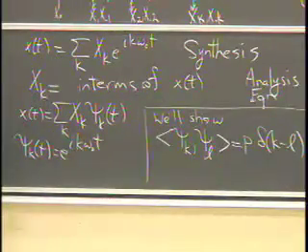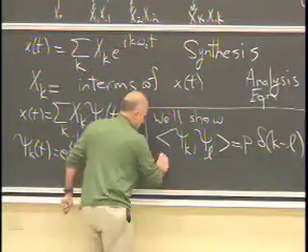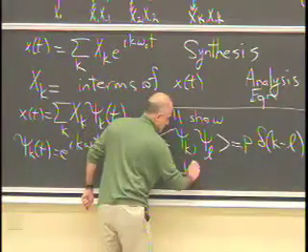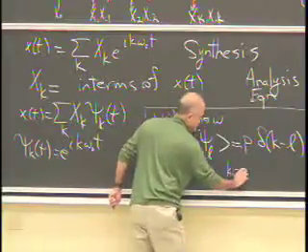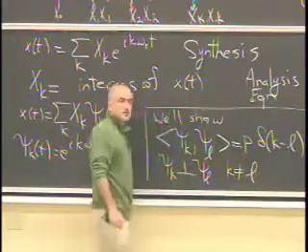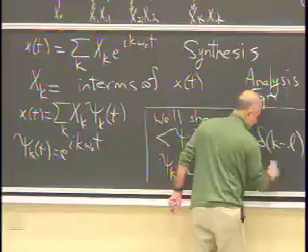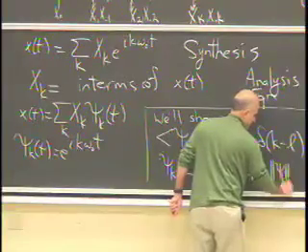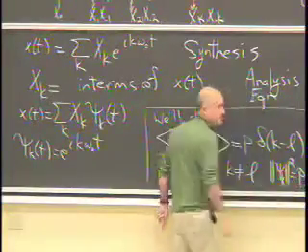Exactly like in discrete time. We will show this. So that means c sub k is orthogonal to c sub l for k not equal to l. And c sub k magnitude squared is simply p.